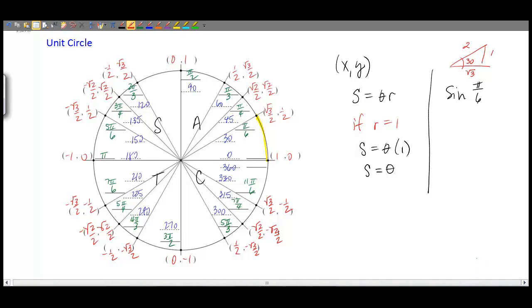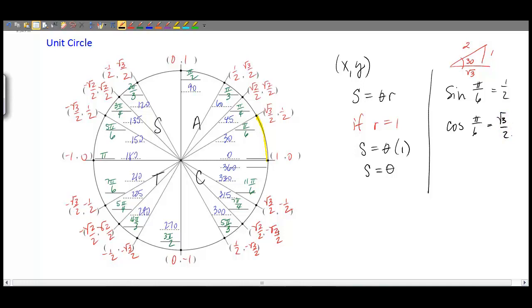Just from the triangle, not the unit circle, if I wanted to know the sine of pi over 6, which is the same thing as the sine of 30, I know that sine is opposite over hypotenuse. So the sine of pi over 6 has to be 1/2. And the cosine of pi over 6, which is adjacent over hypotenuse, would be the square root of 3 over 2.